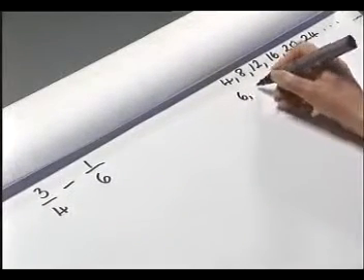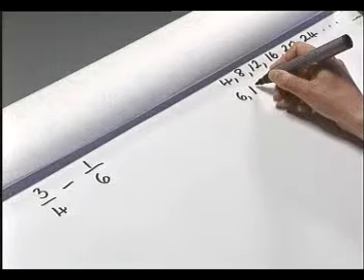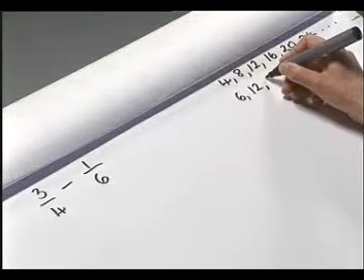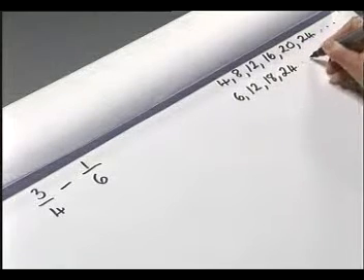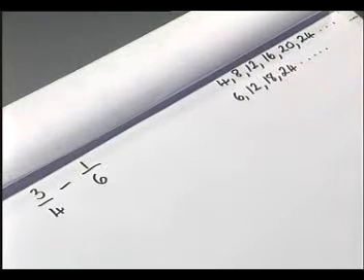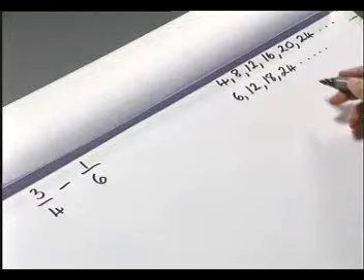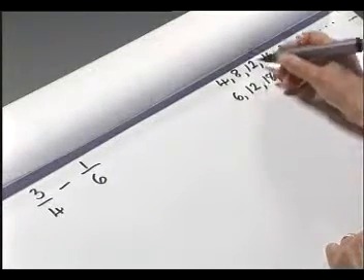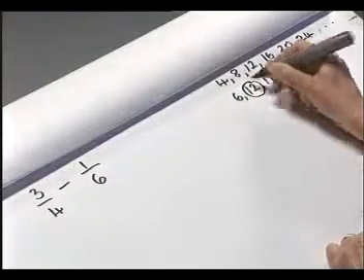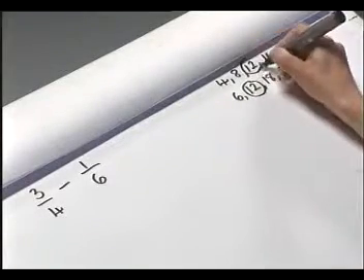And our 6s, multiples of 6: 6, 12, 18, 24, and so on. Now, the reason I've written so many is that I want to point out to you that there might be more than one common pair.